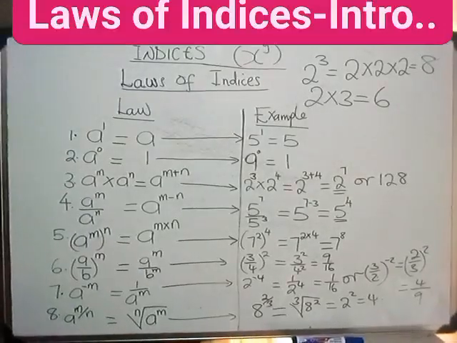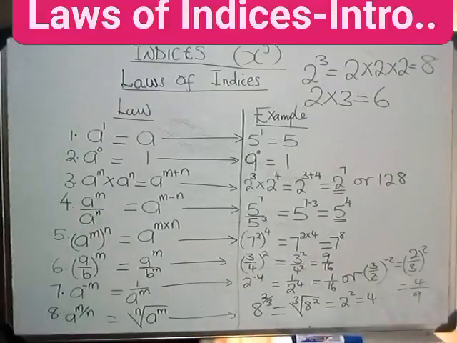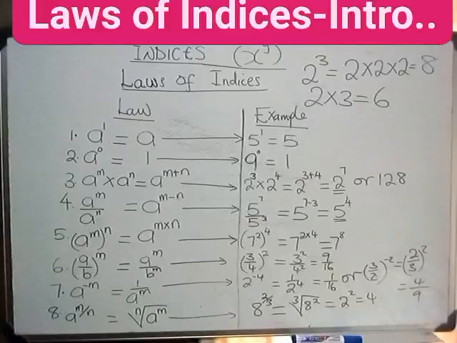Then we have the last one, which is law number 8, which says any number to the power of a fraction. When the index is a fraction, the denominator of that fraction becomes the root, and the numerator of that fraction becomes the index of the base. So as you can see there, we have the n-th root of a to the power m. Example, we have 8 to the power 2 over 3.